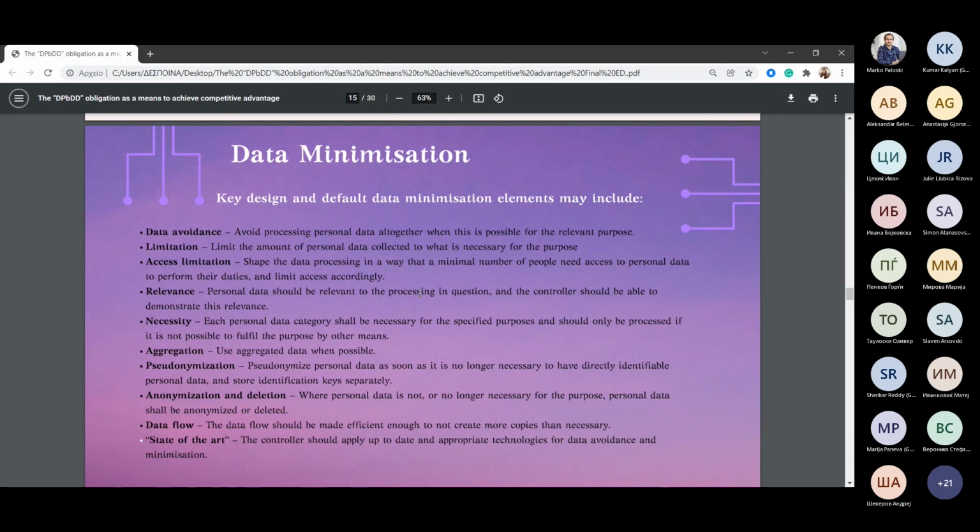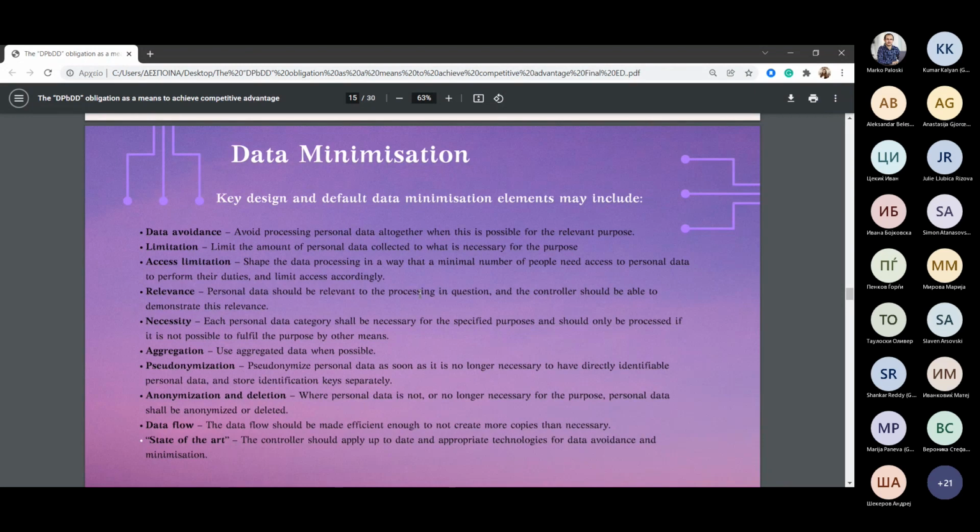Relevance. Personal data should be relevant to the processing in question, and the controller should be able to demonstrate this relevance. Necessity. Each personal data category shall be necessary for the specified purposes and should only be processed if it is not possible to fulfill the purpose by other means. Aggregation. Use aggregated data when possible.